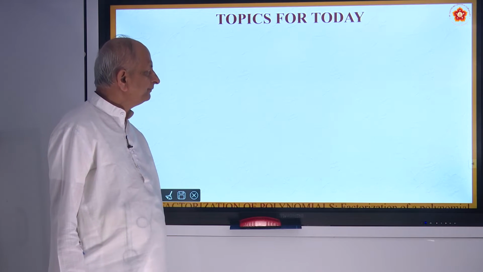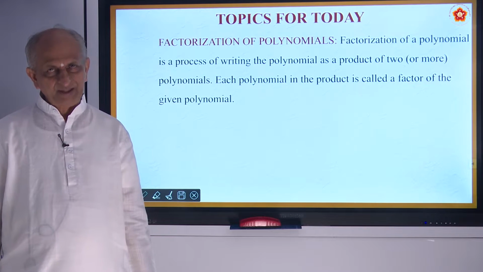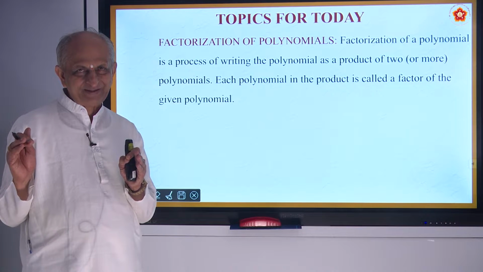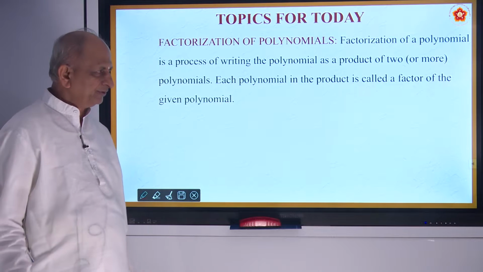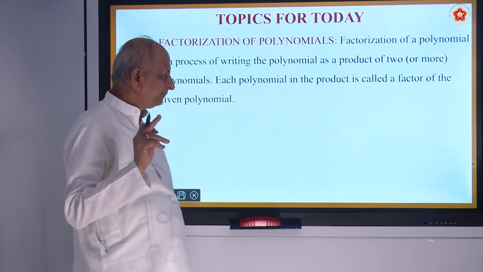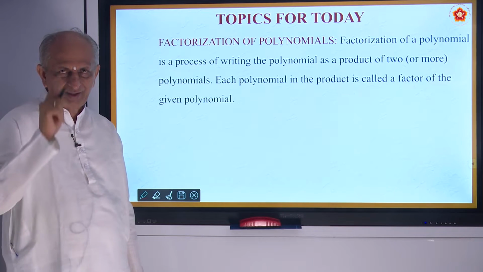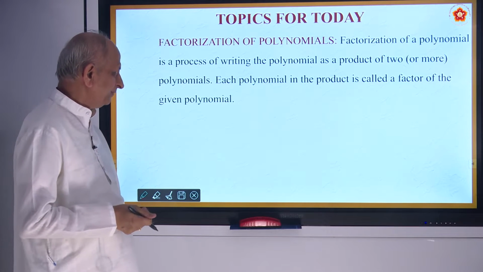Topics for today. Factorization of polynomials. What are polynomials? Algebraic expressions having more than 3 terms. Of course, we can use that term for 2 terms also, but 2 terms are usually called binomials, 3 terms trinomials, 1 term monomial, and more than 3 polynomials.